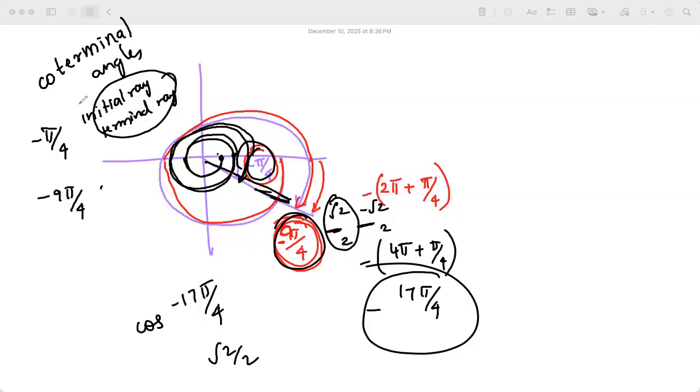So, angles that have different angle measures but the same initial ray and terminal ray are called coterminal angles. Make sense?